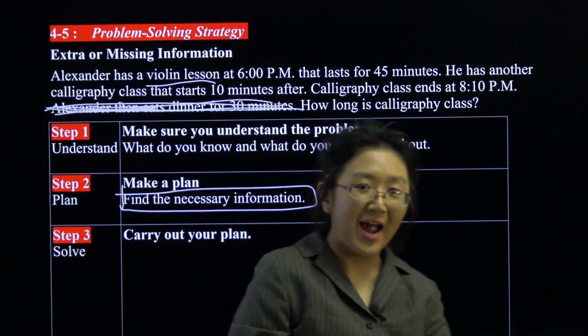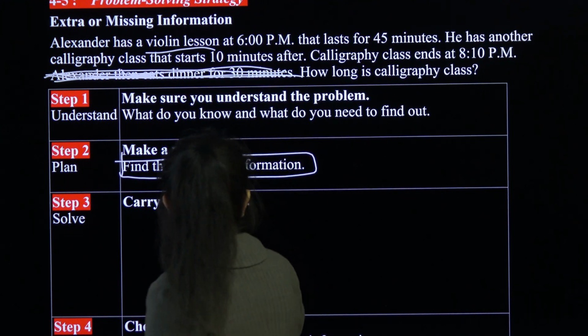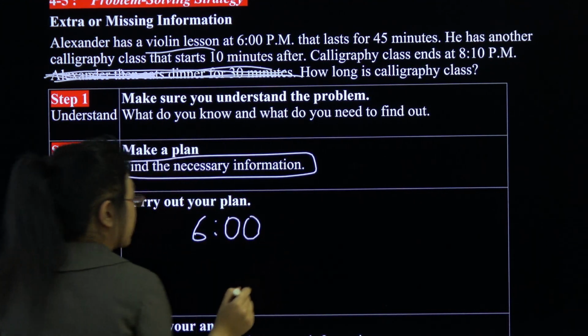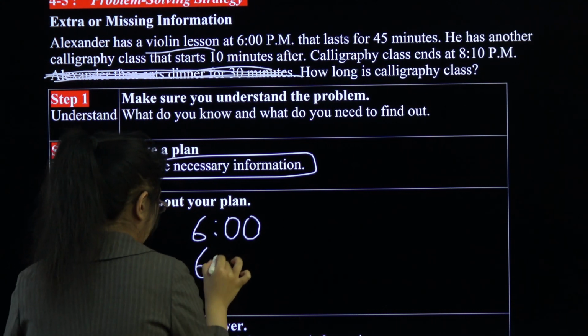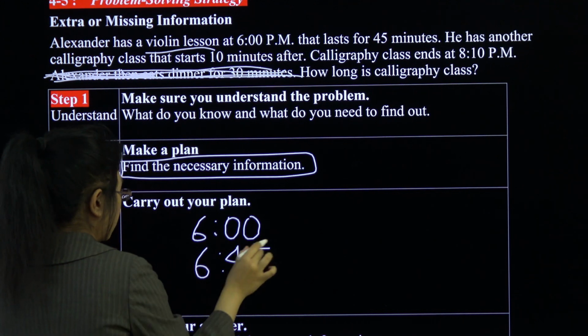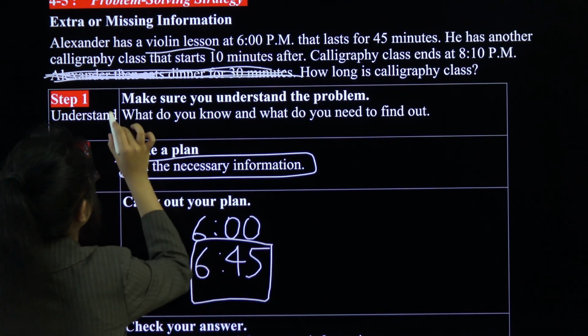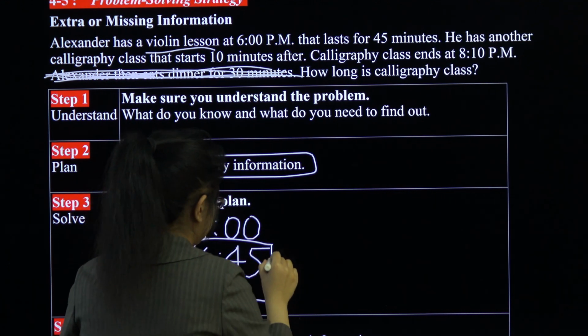Now we are going to carry out our plan. So the violin lesson starts at 6 p.m. I'll just put 6 right now. It lasts for 45 minutes, so it ends at 6:45. Calligraphy class then starts 10 minutes after.